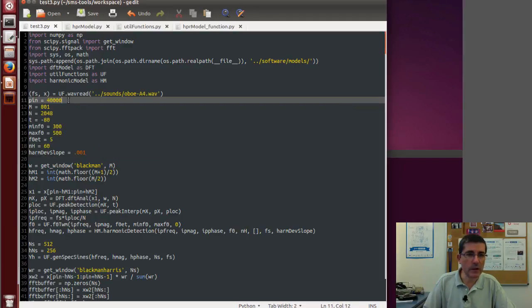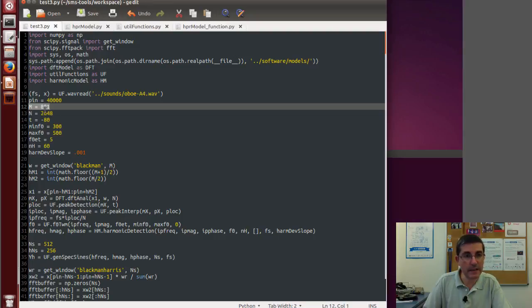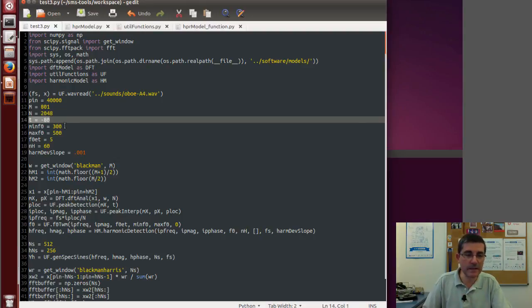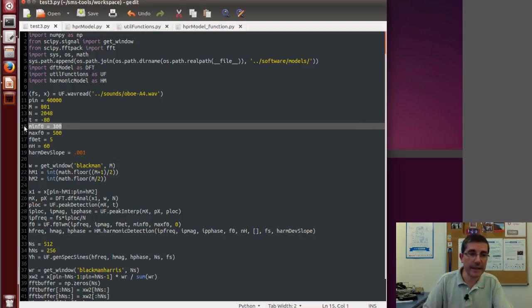In particular, we're going to be analyzing only one frame, so we choose the location, the pointer where we're going to be reading the sound from. So the place 40,000 sample. Okay, and then we need a window size M. We take 801 samples. We need an FFT size bigger than that, so we take 2048. Then we need a threshold for identifying the peaks. Since we're going to be doing a harmonic analysis, we need minimum and maximum frequencies to look for the fundamental frequency.